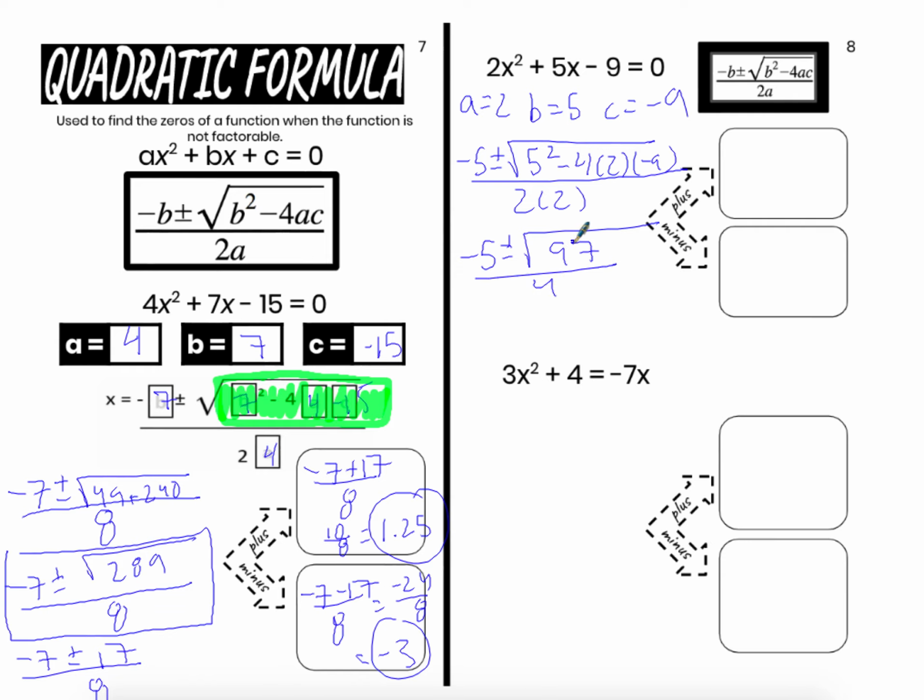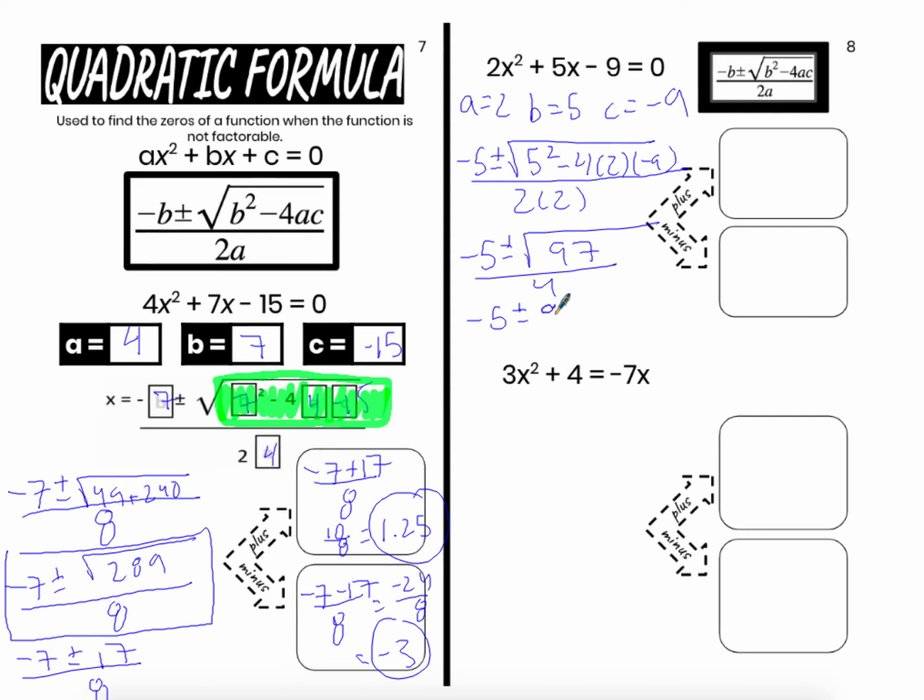Let me check. Let me see what the square root of 97 is. I need to turn my phone so that I get that square root. Square root of 97 is an irrational number that we are going to round to the hundredths place value.